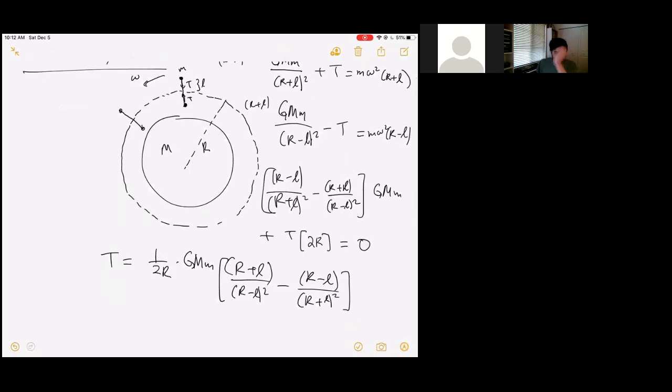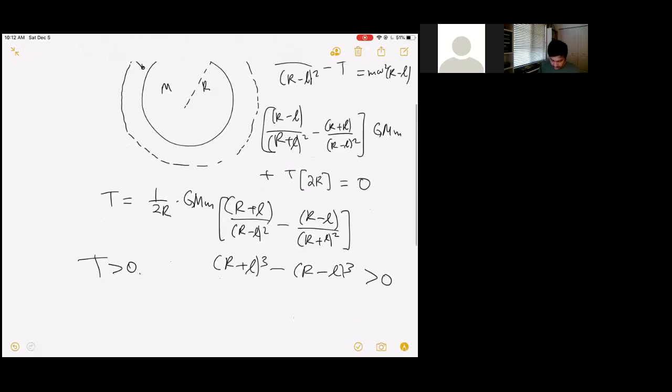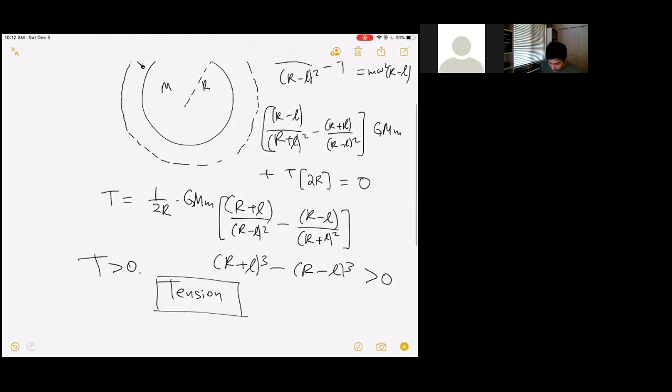Now the question is whether this quantity is positive or negative. Positive would mean tension, negative would mean compression. If you cross multiply, you get (R plus L) cubed minus (R minus L) cubed on the top over a common denominator, and this is positive. So T is positive, which means that we have tension. That answers the first part of the question.